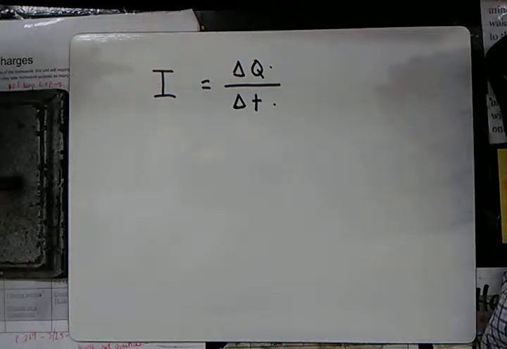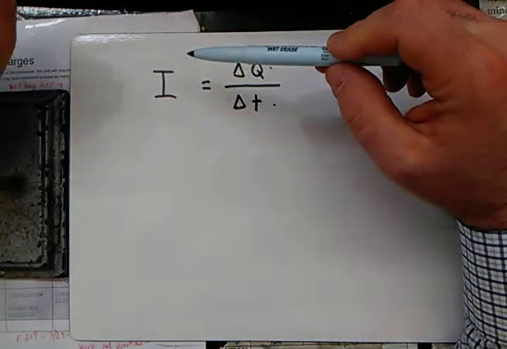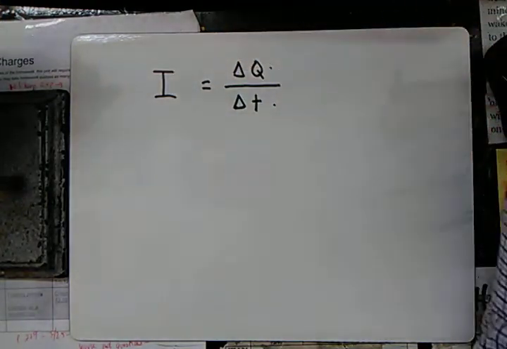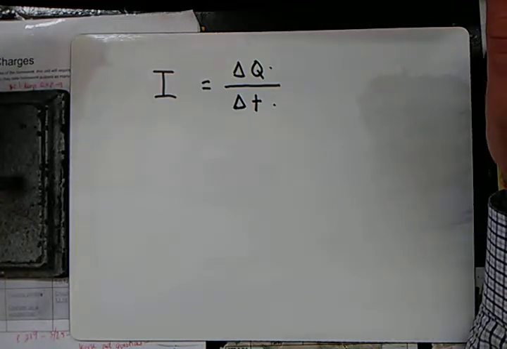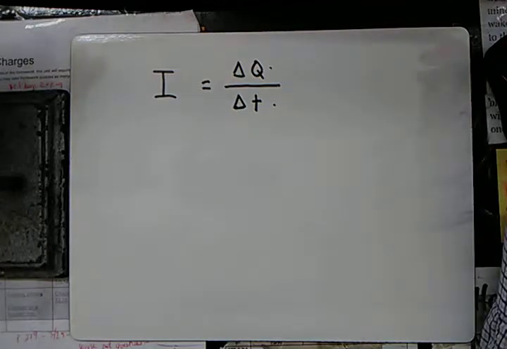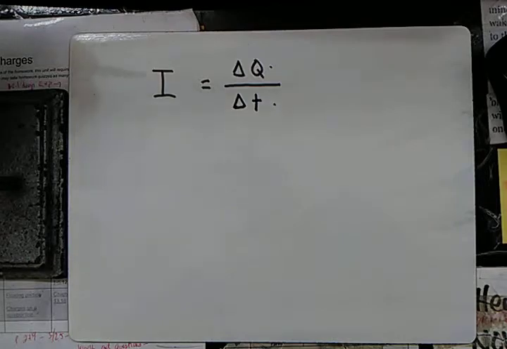We know water flow depends on the pressure exerted on the molecules, either by a pump or a height difference, such as water falling off a cliff. So electric current, I, depends on pressure exerted by the electric potential difference. The greater the potential difference, the greater the electric current. I'm going to get into some of those details shortly.